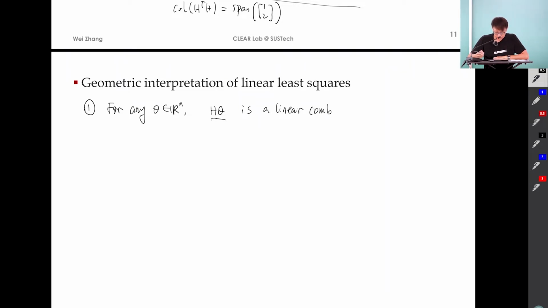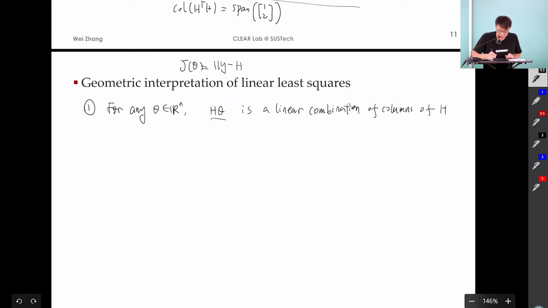It's a linear combination of columns of H. Okay, that's this guy, H times theta. Why do we discuss H times theta? Because we're thinking about our cost, which is y minus H times theta squared.